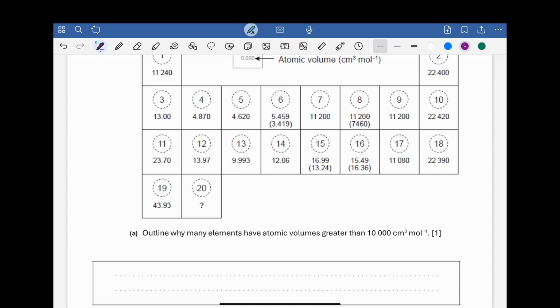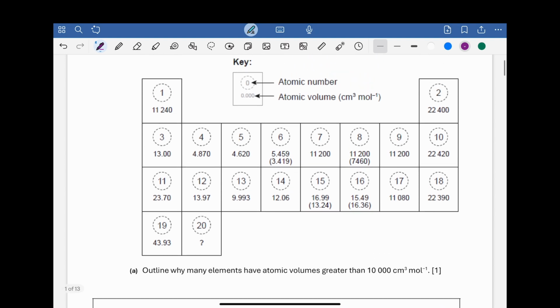1 mark question. So let's look at all those that have an atomic volume greater than 10,000 centimeter cube per mole in the table. We can see the first element, hydrogen. Then we have helium, then nitrogen, oxygen, fluorine, neon, argon, and chlorine.